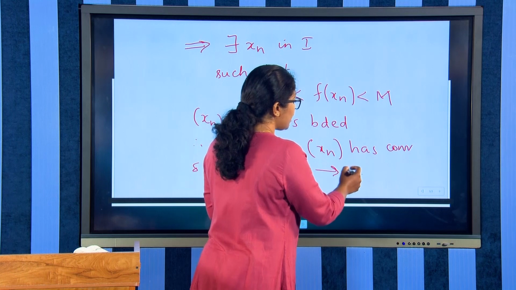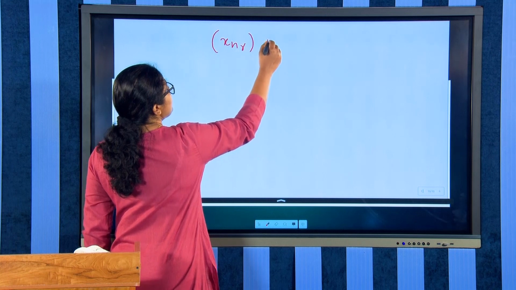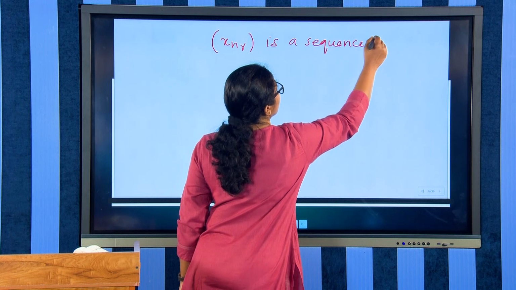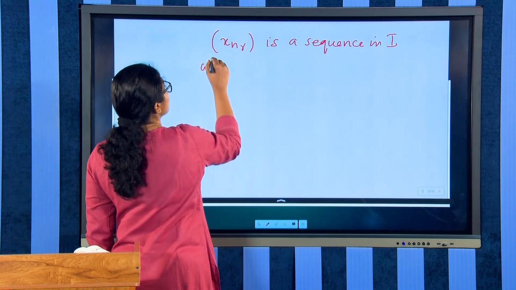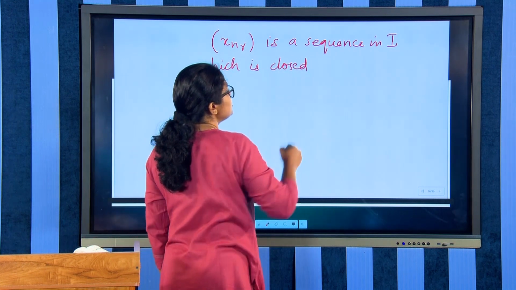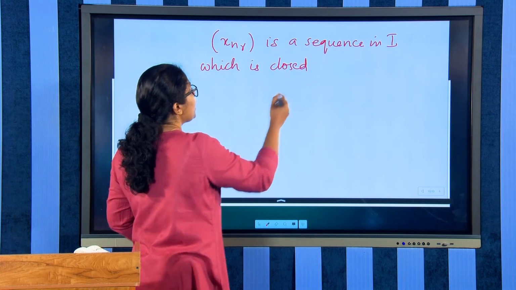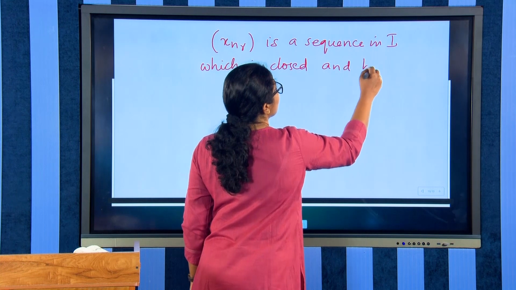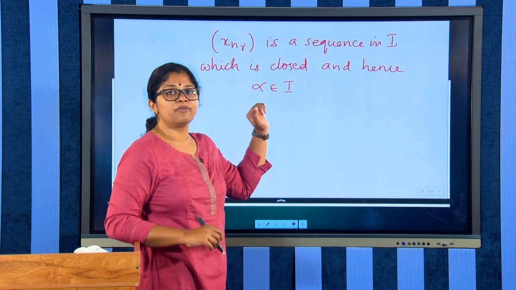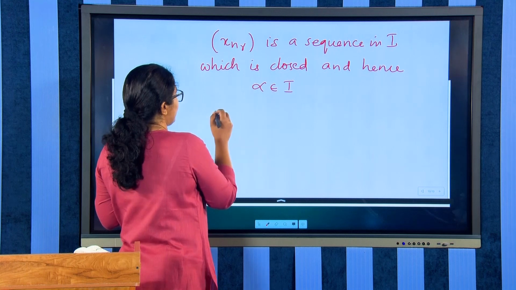So since xnr converges to alpha and the sequence xnr is a sequence in I, which is closed, a closed set means a set having all its limit points, or cluster points, and hence alpha belongs to the same set I where these xnr also belong. So alpha belongs to I.